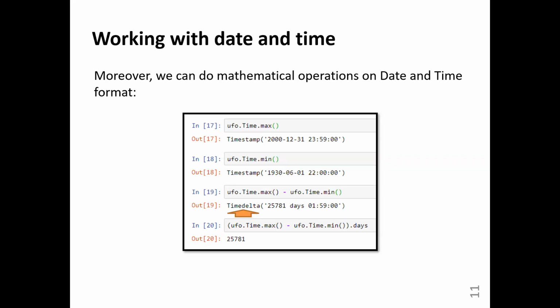Now simply you can say max minus min, and it's going to show you almost 25,000 days between the first time and the last time that we saw. But it has some other stuff that we don't need. So we say dot days, fetch only the day part of it. Yeah?